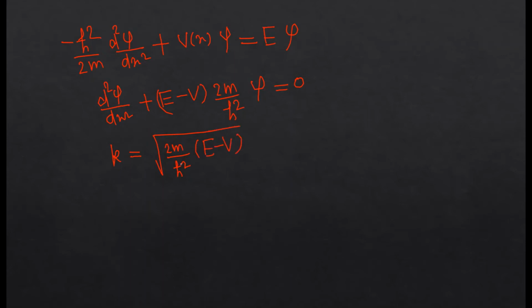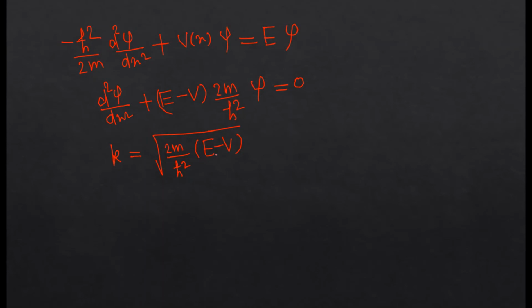From here you can find out that if E is greater than V, this value is positive. So the second term on the right hand side will become negative, and by solving the differential equation you will get psi is equal to e to the power ikx. So your wave function is oscillating.